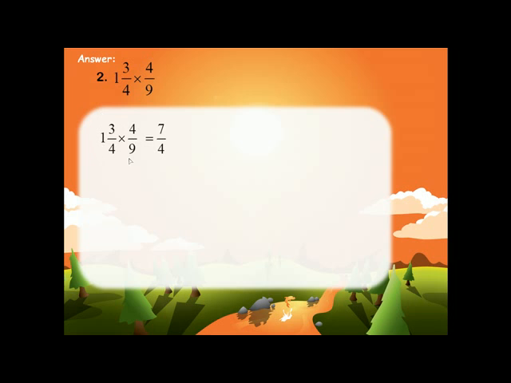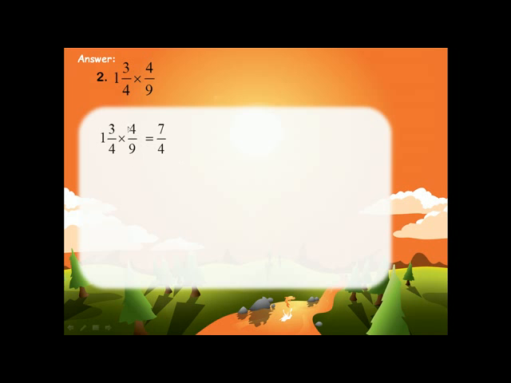We compute 1 times 4 plus 3 equals 7, so 7/4, and the denominator is still 4.